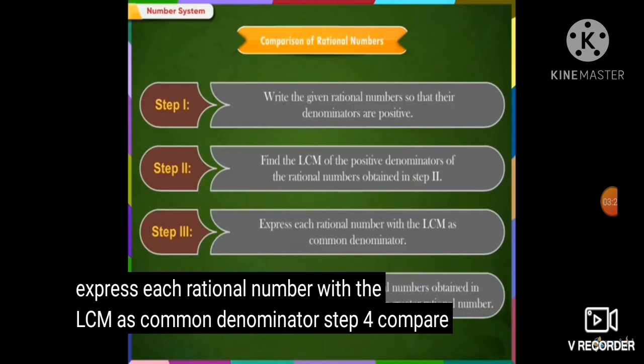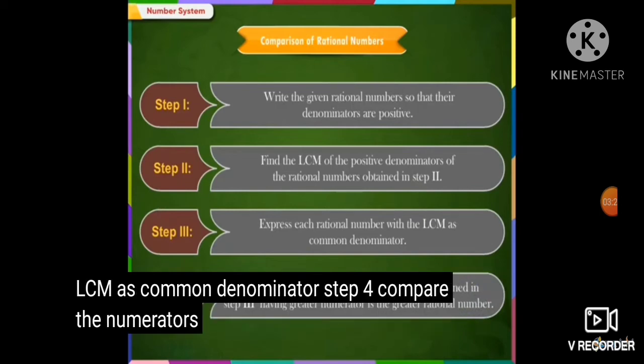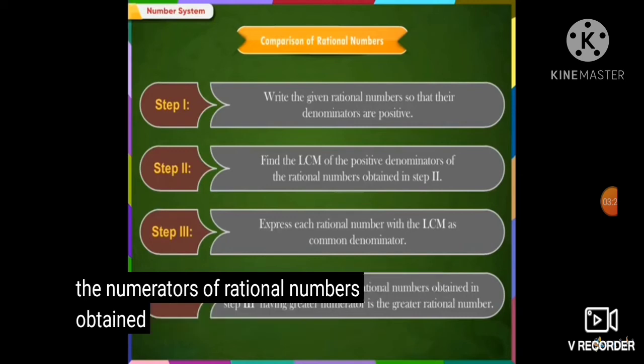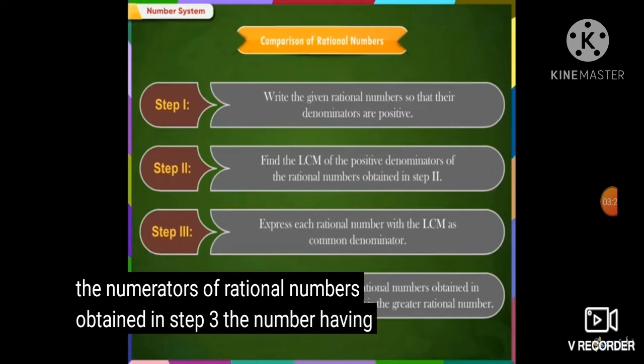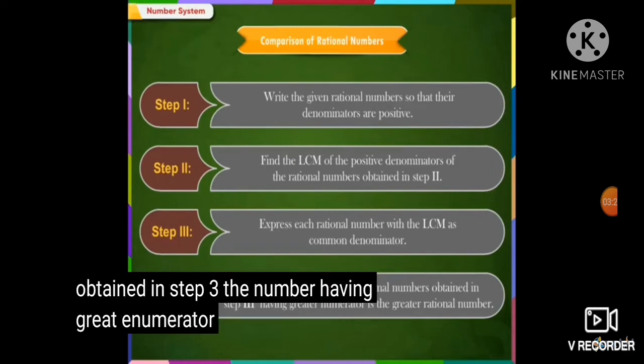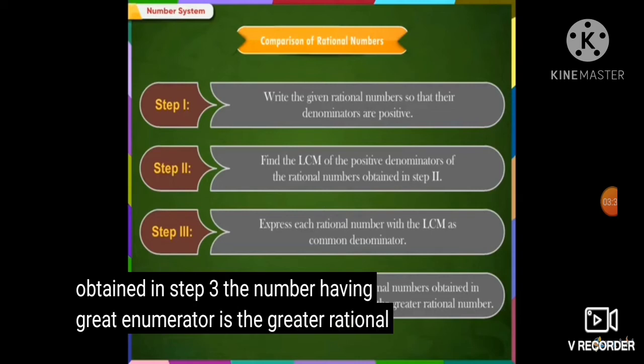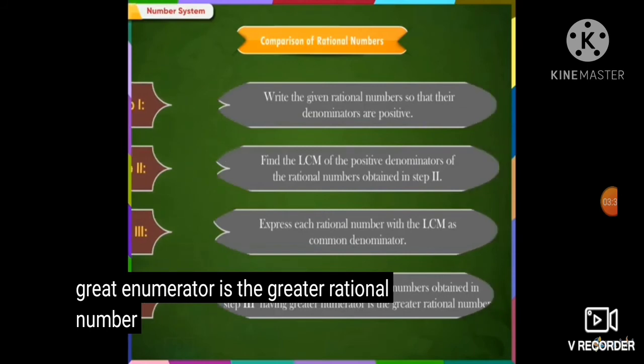The last step, step 4, is to compare the numerators of the rational numbers obtained in step 3, and the number having the greater numerator is the greater rational number.